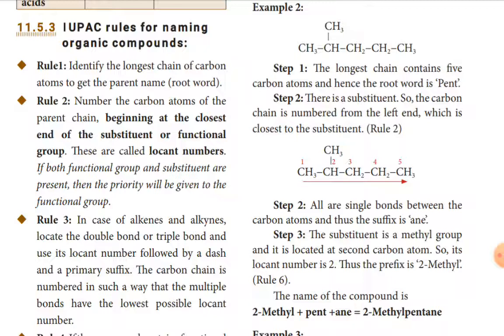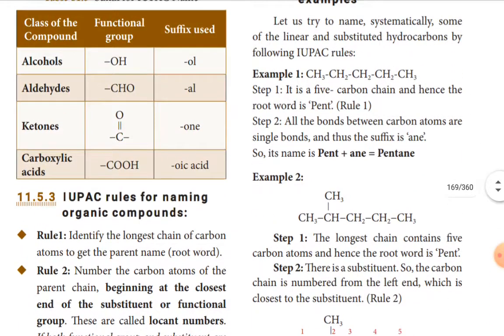In rule 1, first we have to identify the longest chain of carbon atoms, and number the carbon atoms to get the root word. The root word, the parent hydrocarbon, can be obtained by numbering the longest chain of carbon atoms in the compound. For example, take example 1: CH3, CH2, CH2, CH2, CH3.